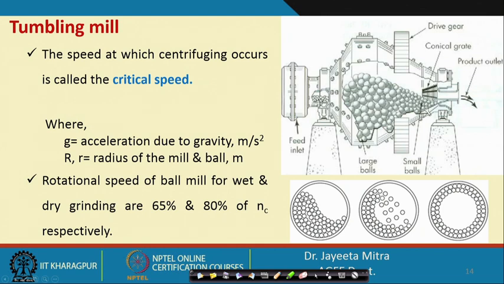The balls will come up with the rotational speed and stick to the wall up to a certain extent, then they will drop, and while dropping they will impact the product, and while moving inside they will give the attrition effect. The last one is the centrifuging effect, when because of very high speed the balls stick to the wall, not coming to the bottom because of gravity.